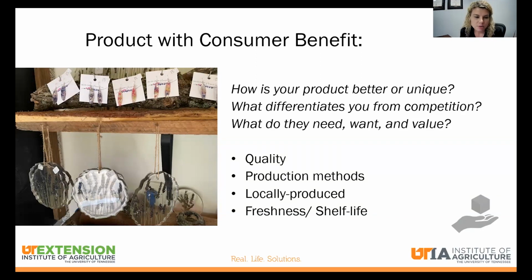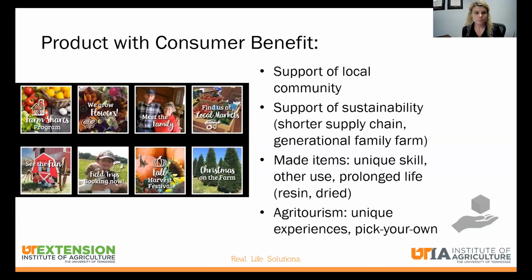So again, this is how you would communicate with your customer about the benefits that they are looking for, what your product or service brings to the table that they might be seeking out. Again, product with consumer benefit, make sure you're communicating those things with them as well in terms of how do you support your local community?